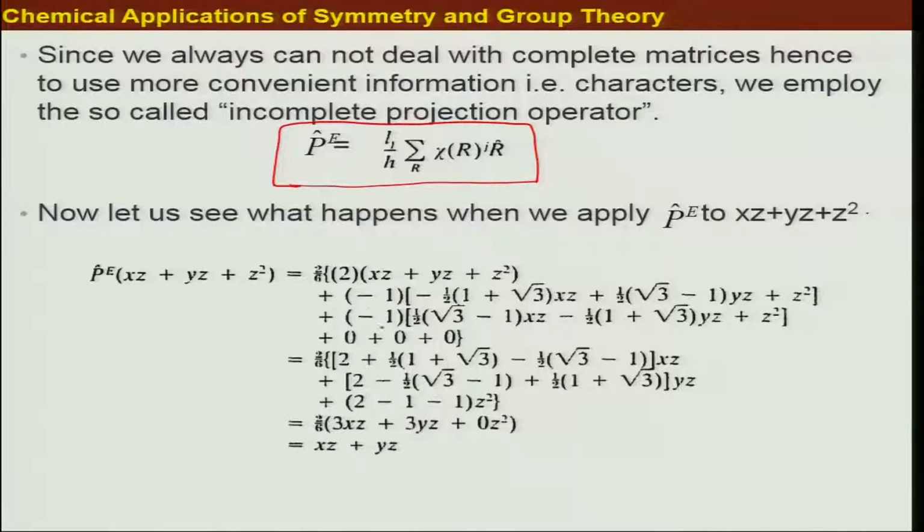So you do it for C3 squared and then you do it for the sigma v's, which have the characters equal to 0. So 0 multiplying with all this ends up as 0.